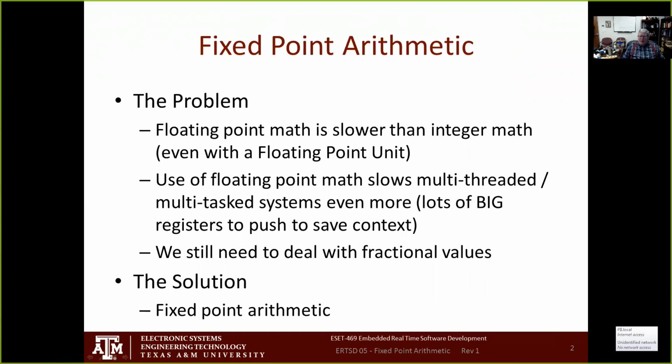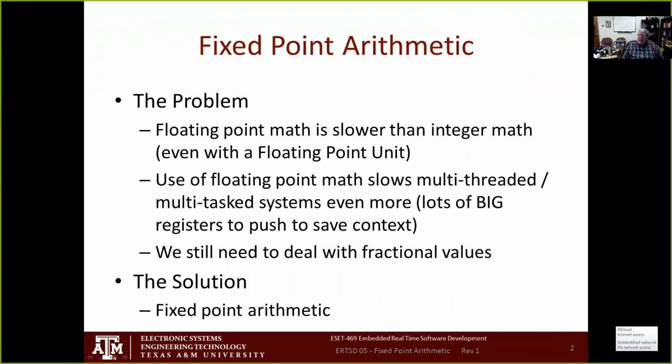So what is a processor good for? A processor is good for adding and subtracting. Everything else that you do on a microprocessor is a compromise. And in particular, it is good at adding and subtracting integers. So what you need to know when you're designing a real-time embedded system is that math slows everything down, in particular floating point math.